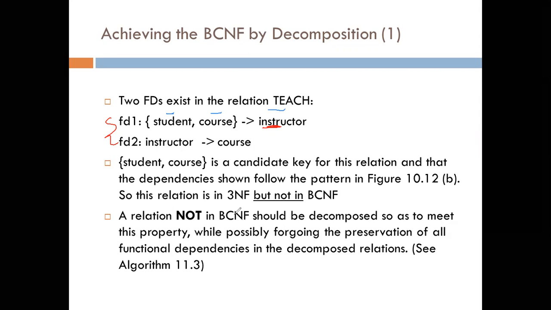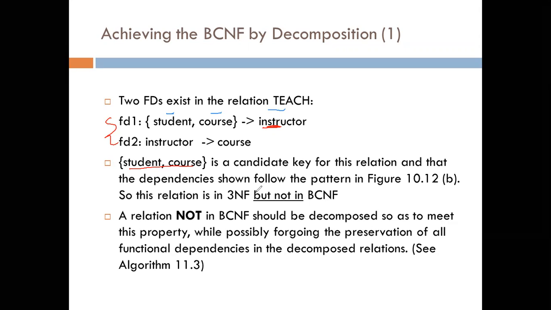Then student, course is a candidate key for this relation, and the relation is in 3NF because there is no transitive dependency. But it is not in BCNF.